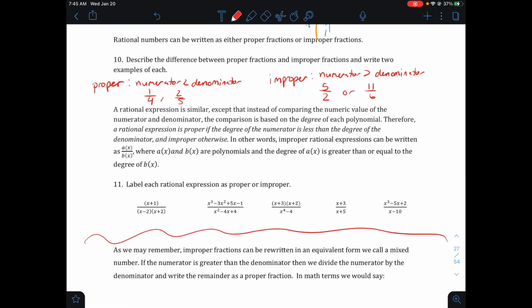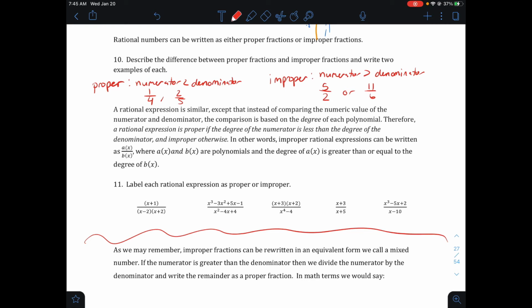All right. So it says a rational expression is similar, except that instead of comparing the numeric value of the numerator and the denominator, the comparison is based on the degree of each polynomial. Therefore, a rational expression is proper if the degree of the numerator is less than the degree of the denominator, and improper otherwise.